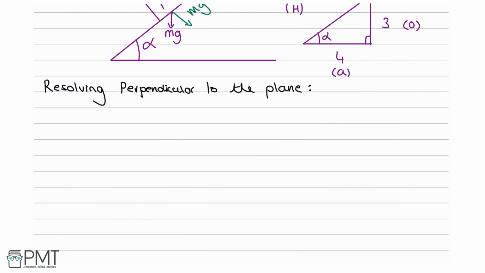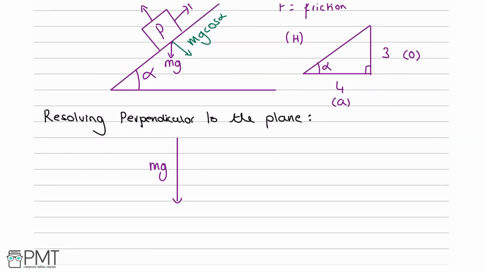We're going to say that if we have this vector mg, because remember the force is a vector, we then have two components, which are the mg cosine alpha and the mg sine alpha, because this is what happens when you resolve a force.